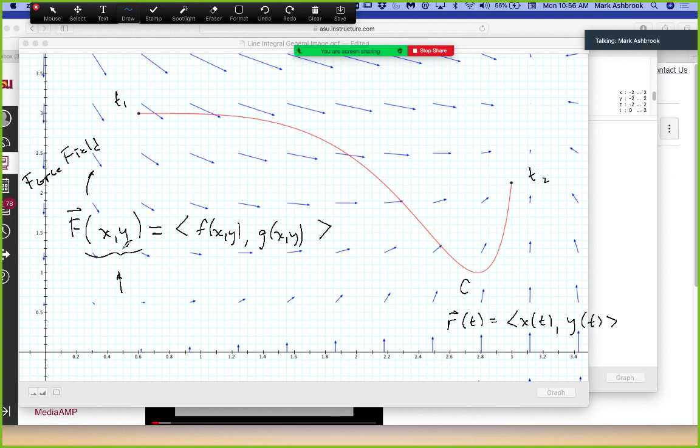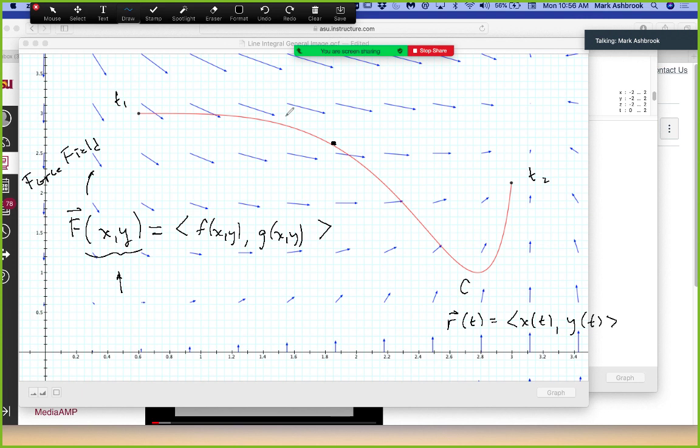All right, so we're going to be integrating. So if this is a force field, and we think about an object moving along the path. Let's think of maybe a car driving on this road.